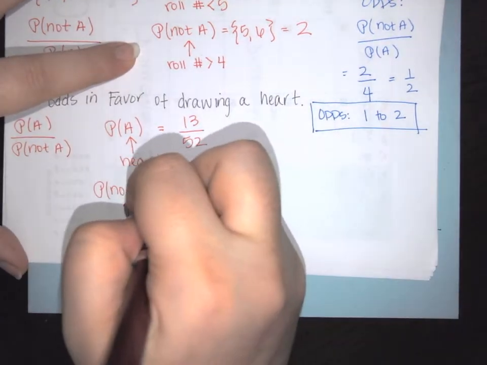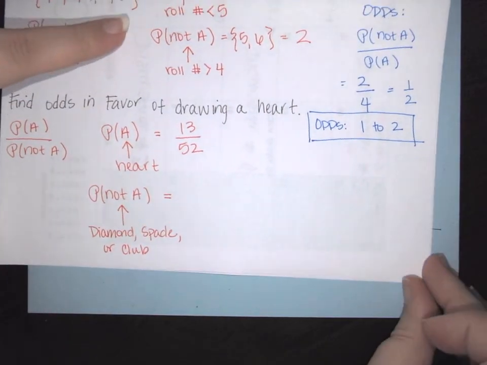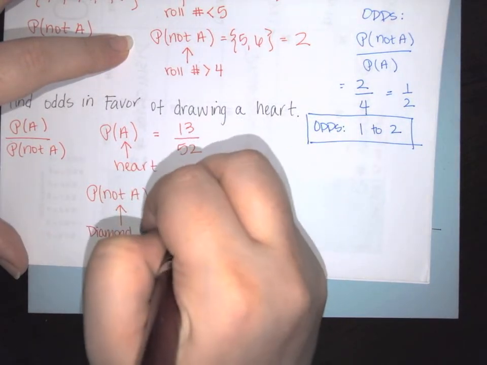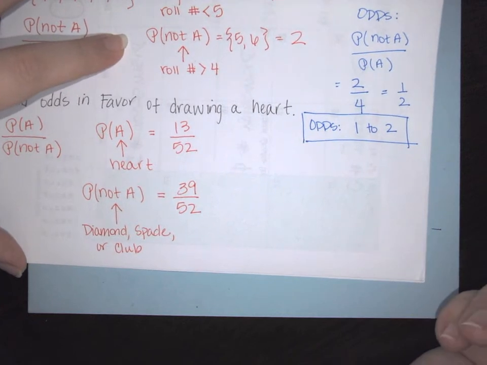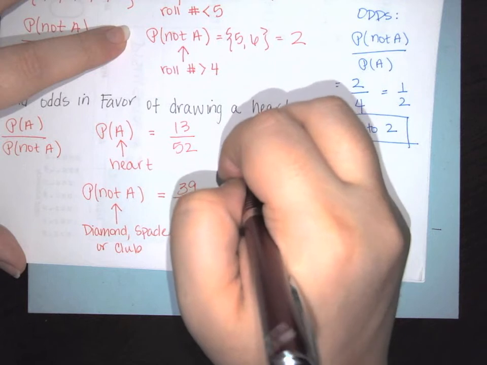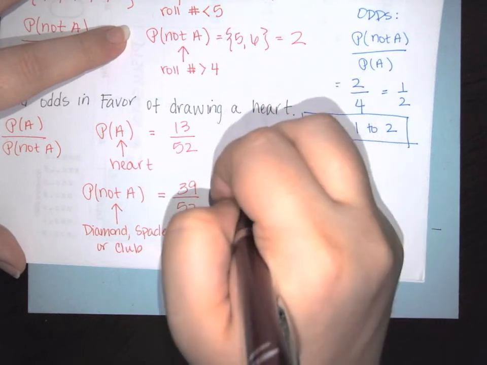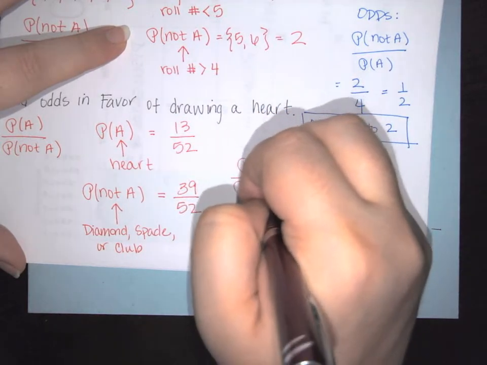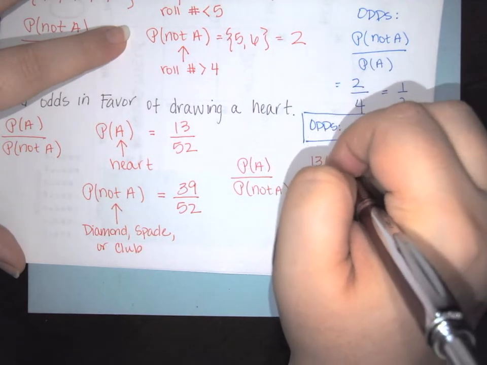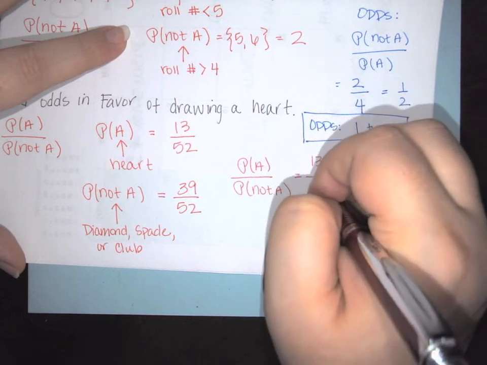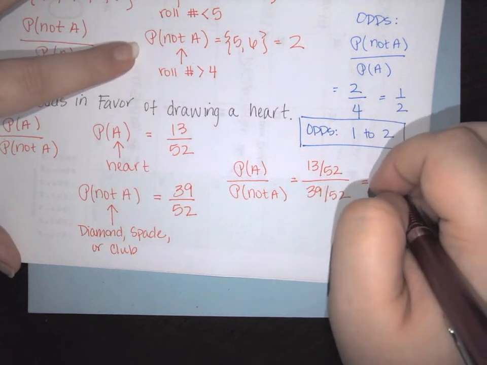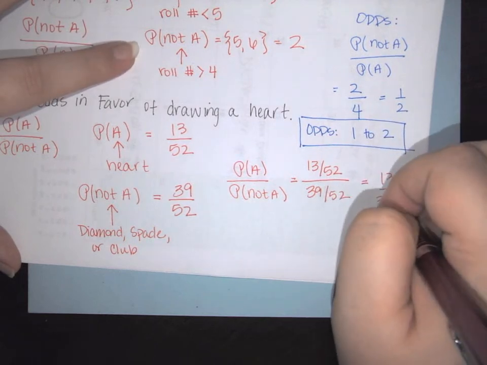Okay, so to do that I have to look at everything that is left. That means I have 39 cards out of my 52 left. To find my odds, I take the probability of A over the probability of not A. So this is 13 out of 52 over 39 out of 52, which gives the fraction 13 over 39.